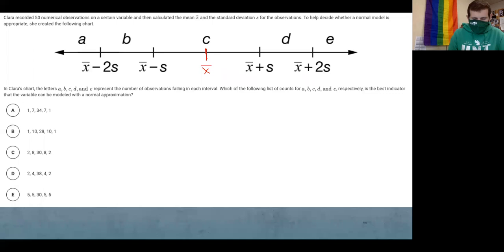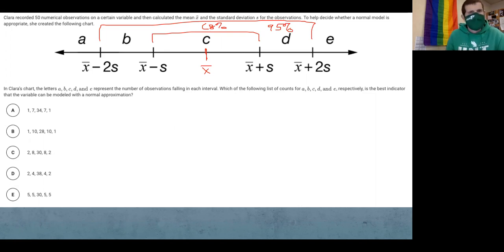And so this is going to represent, according to our empirical rule, 68%, and then 95%. And then beyond that, we would just expect whatever's left over, essentially. So this is only going to represent 2.5% up on top and 2.5% on the bottom.